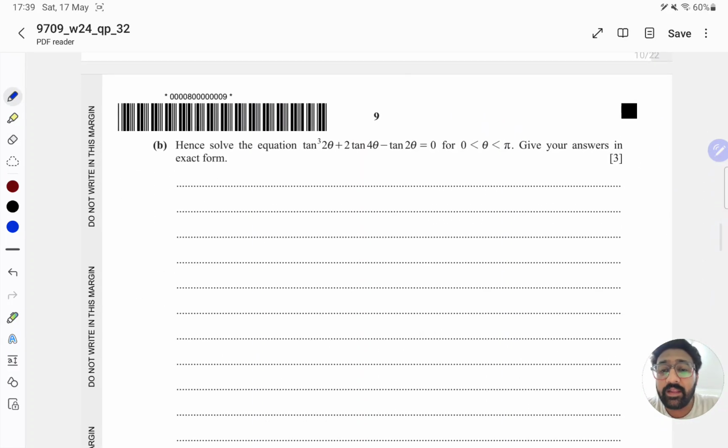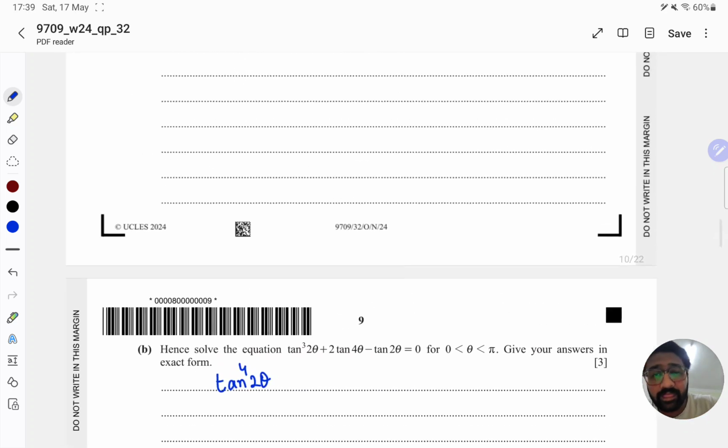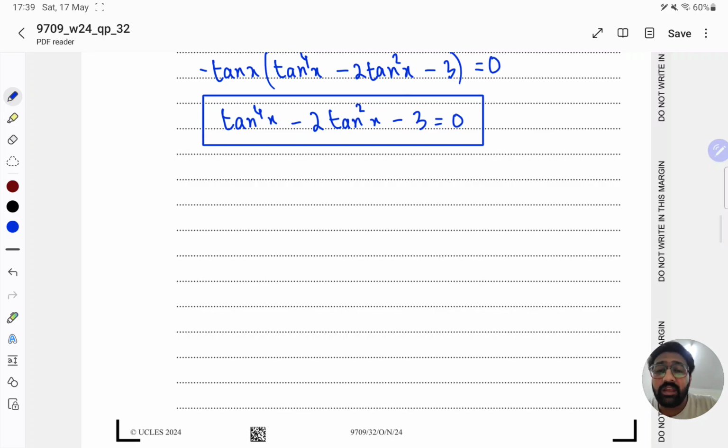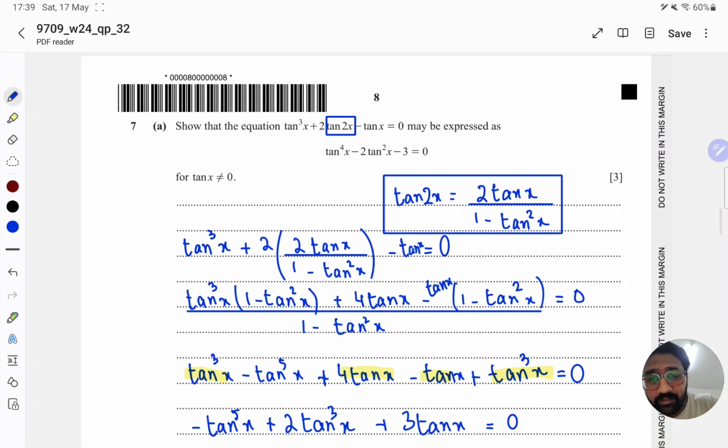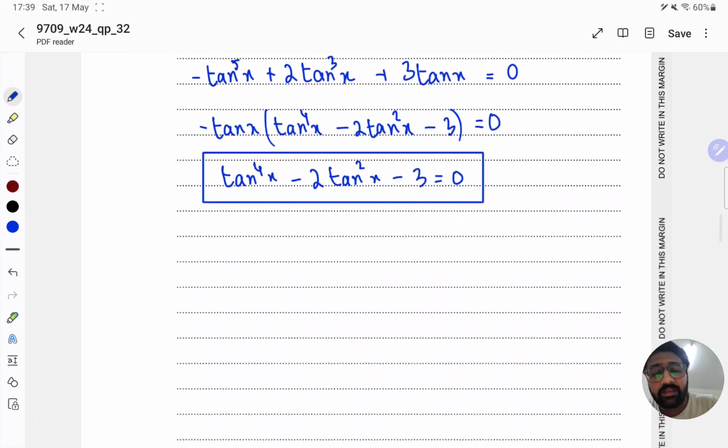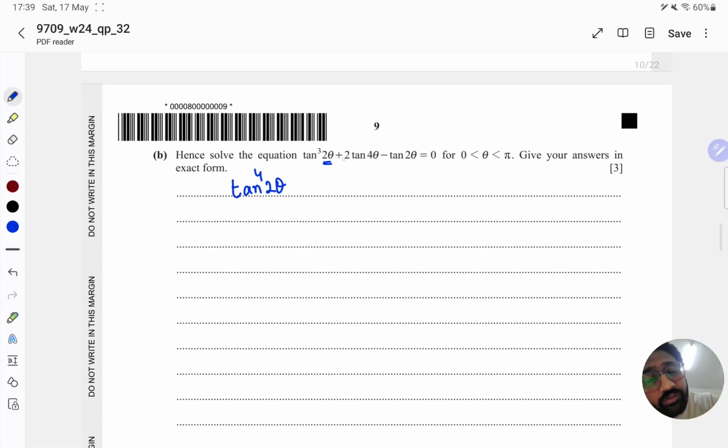Let's do the B part. Hence solve the equation tan 2 theta plus 2 tan 4 theta plus this. So basically we are supposed to solve tan 4 2 theta. Everything is now being changed. Every x over here, if you look over here, this is the common mistake that students make.